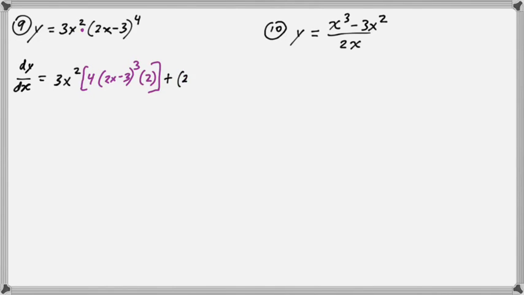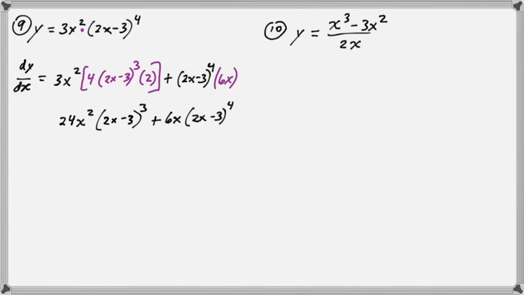I'd bring down the 2x minus 3 to the 4th times the derivative of 3x squared, which is 6x. Now, 2 times 4 is 8 times 3 should be 24x squared times 2x minus 3 to the 3rd plus 6x times 2x minus 3 quantity to the 4th.